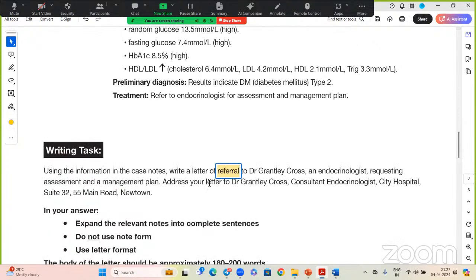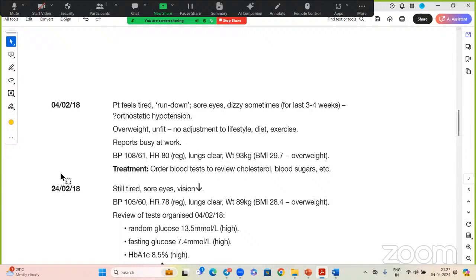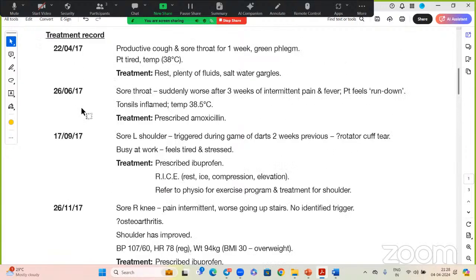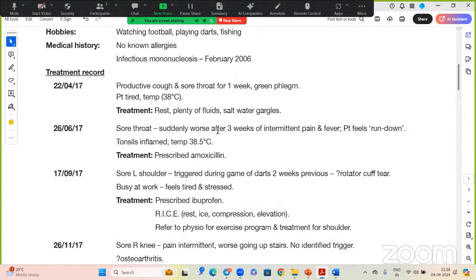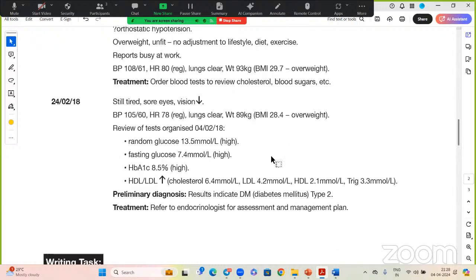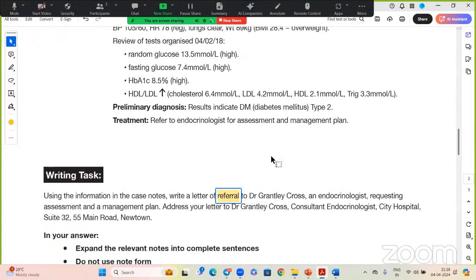What type of letter is this? And how many visits are there? 1 4 2024, 2 6 17, 26 22. Okay. There are multiple visits.